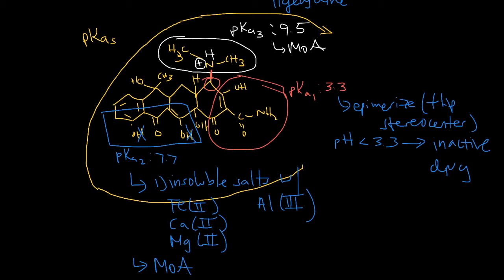And remember, don't administer dairy products, antacids, or multivitamins within a few hours of tetracyclines because they can form insoluble salts. At 9 o'clock, you protonate the amine, and you get the mechanism of action, which I will show right now.